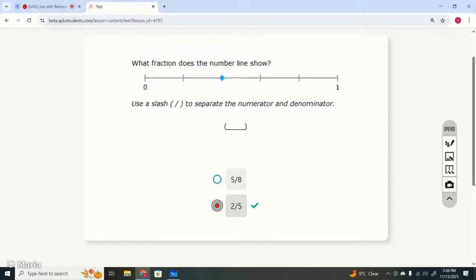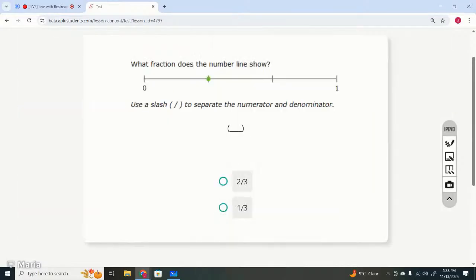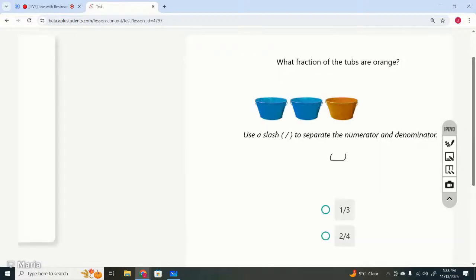Option number 2 is the correct option. What fraction does the number line show? That is 1 by 3. Option number 2 is the correct option.